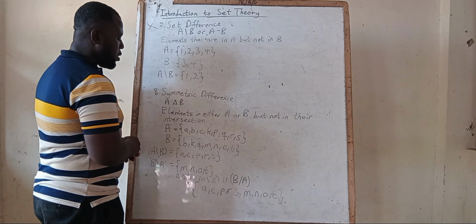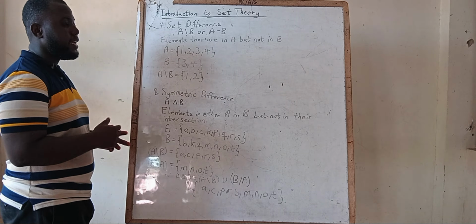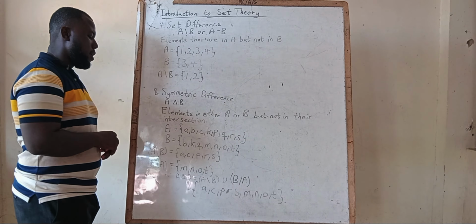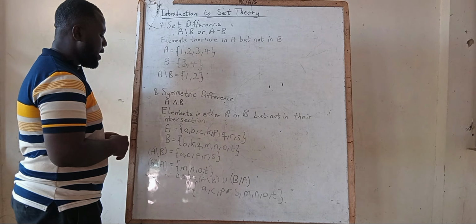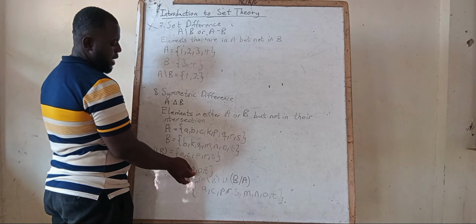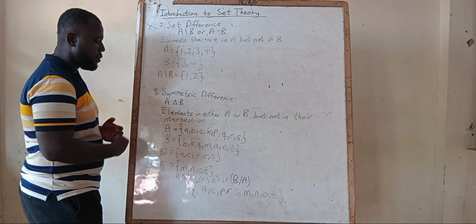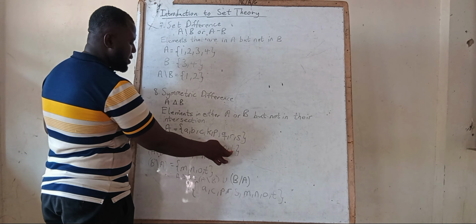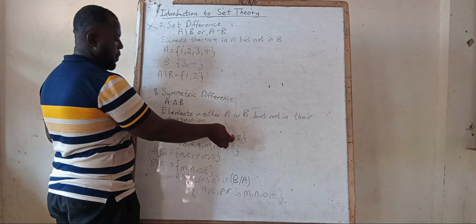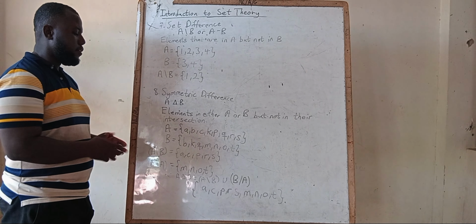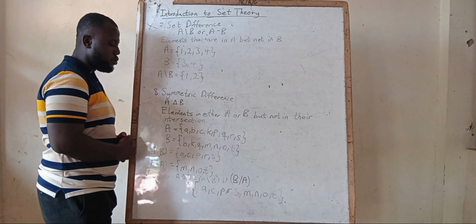So when you have to find the elements that are in B but not found in A, you get M, N, O, T. M, N, O, T can be found in B, but they cannot be found in A. When you are done, you combine the two to form a union.